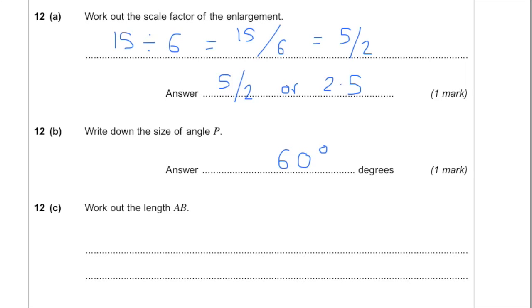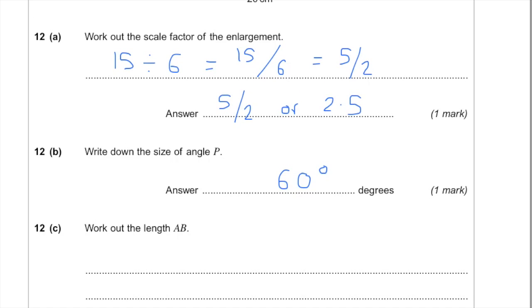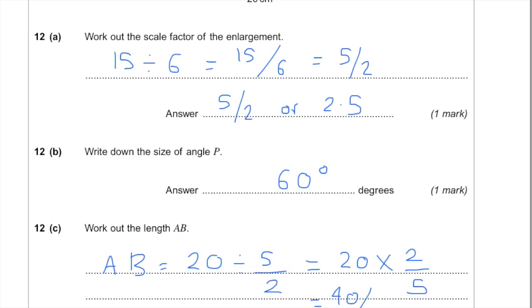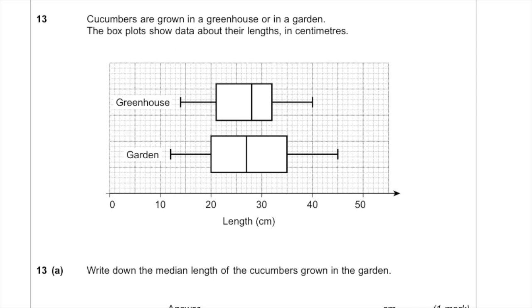Now, this time we're going from the larger shape down to the smaller shape, so we know that AB is equal to 20 divided by the scale factor of 5 over 2. So we can do this as a fraction calculation, 20 multiplied by 2 over 5, which is 40 over 5, or 8 centimetres.